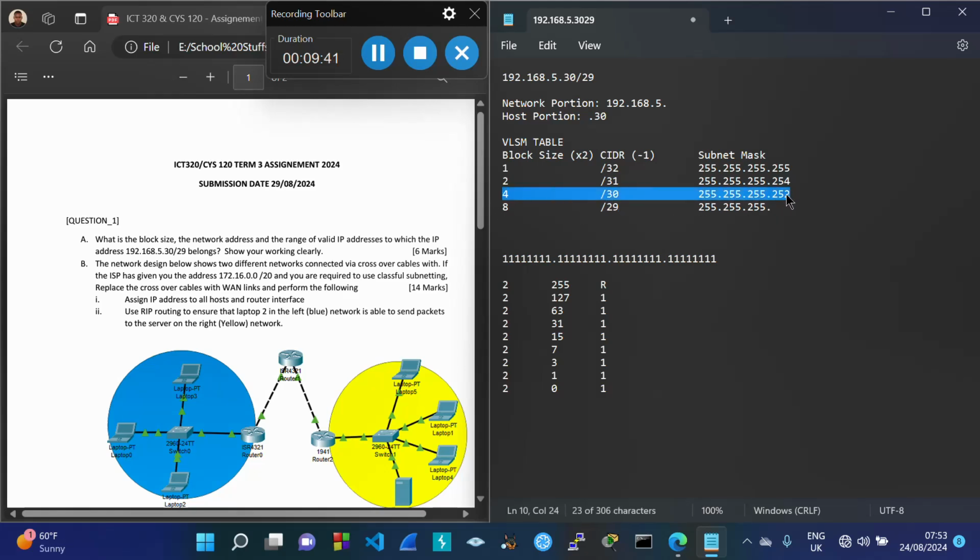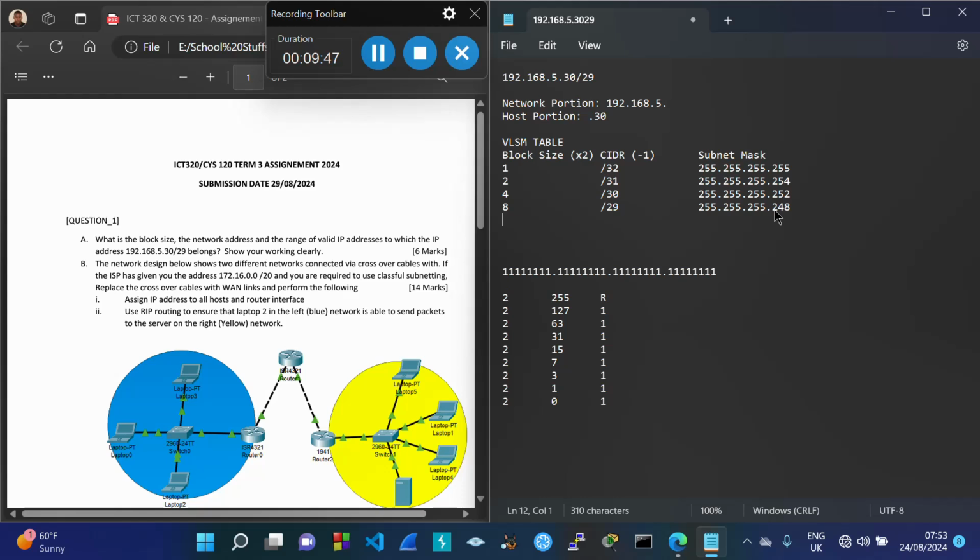So let's check again. So we have 252 minus 4, which is 248. So 8 times 2, 16. And then 29 minus 1, which is 28. Then again, this portion we'll say 248 minus 8, which is 240.